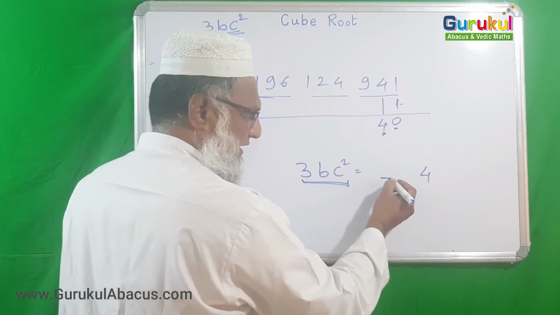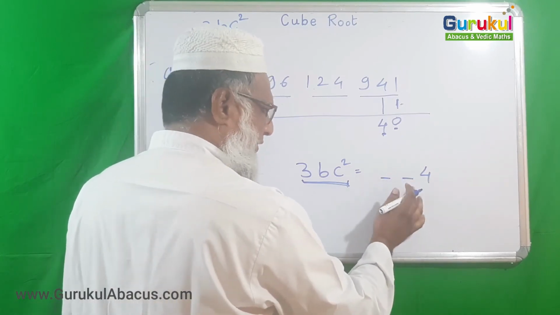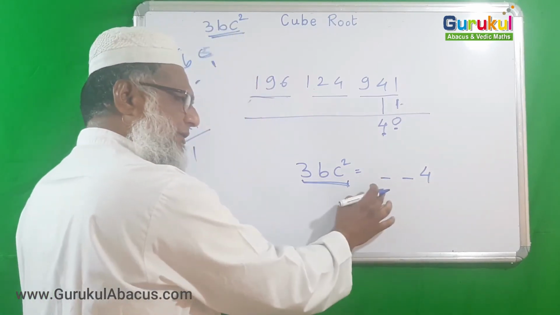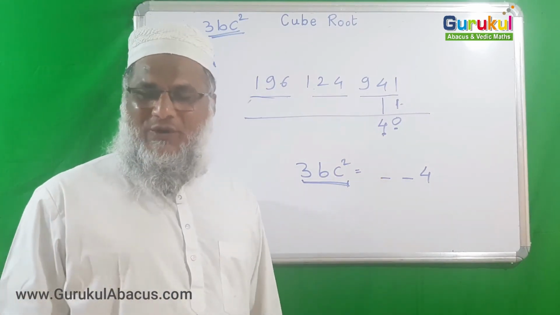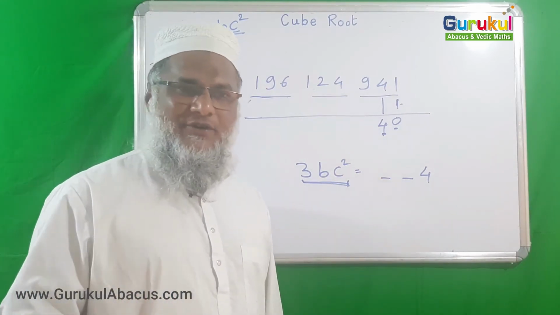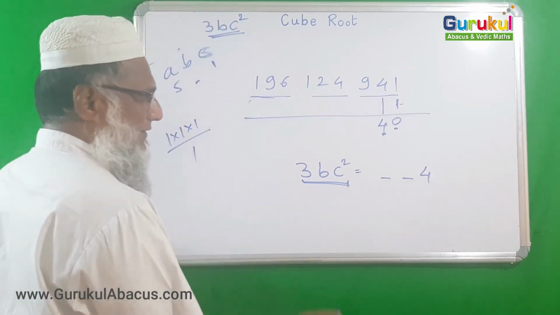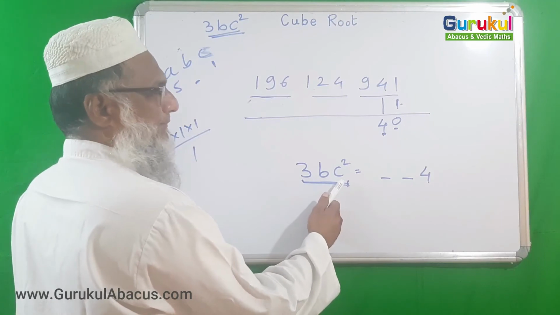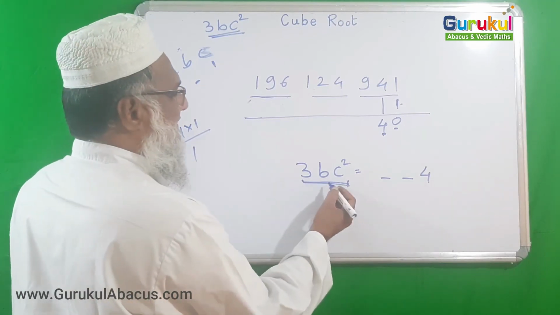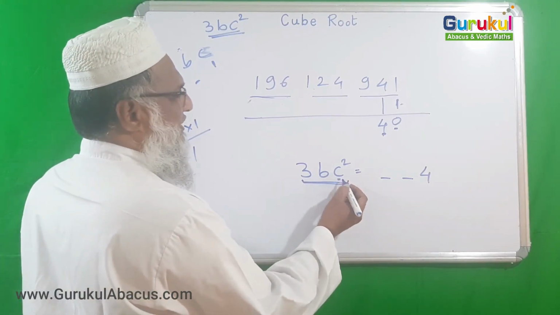So here there are 2 digits, but we are not concerned about what those 2 digits are. It's not a matter for us. Now what I want to do is insert the value of c. In this formula there is c square.